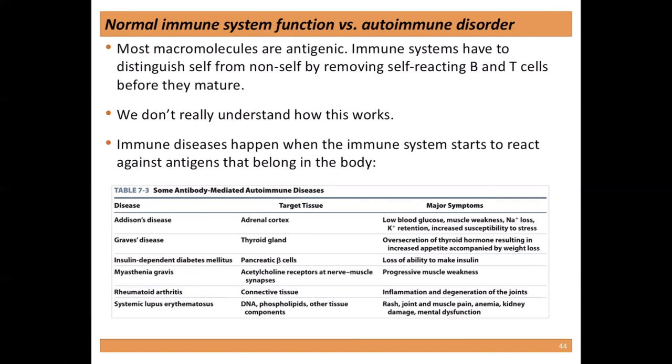It's for some reason recognizing those as foreign and is making antibodies. And when those antibodies bind molecules within our body, if they're invaders, that's a good thing. If there are normal functioning cells, that can be a bad thing. In fact, it's thought in some cases of diabetes, the antibodies are attacking the islet cells in the pancreas and essentially killing them, and so you don't make insulin anymore.